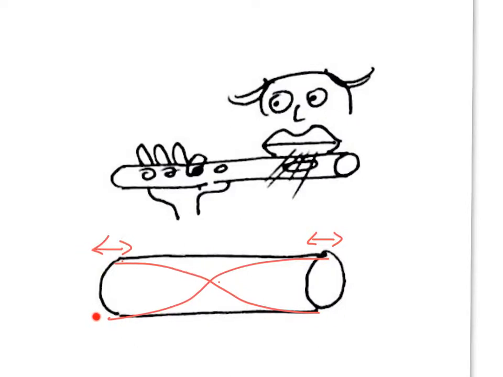So I know this is confusing. We have this longitudinal sound wave, movement of air molecules being represented by a transverse wave, but this is just how we draw it.